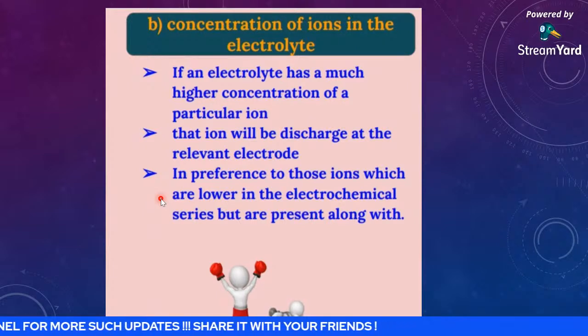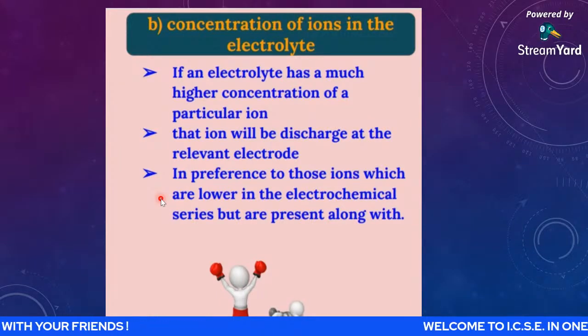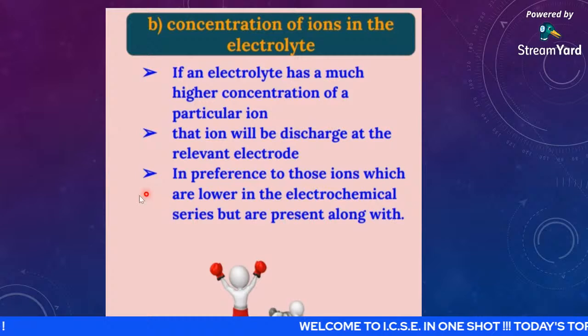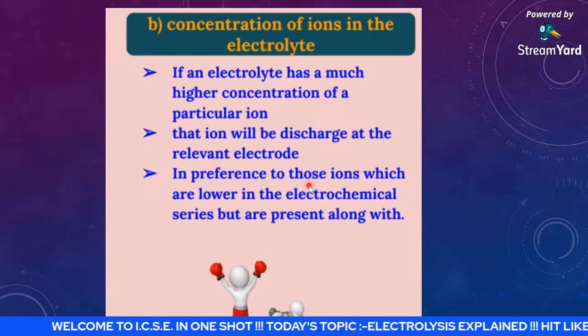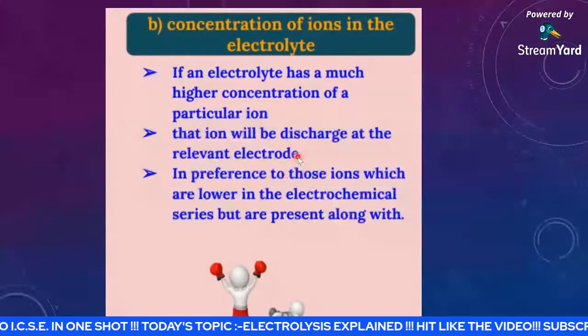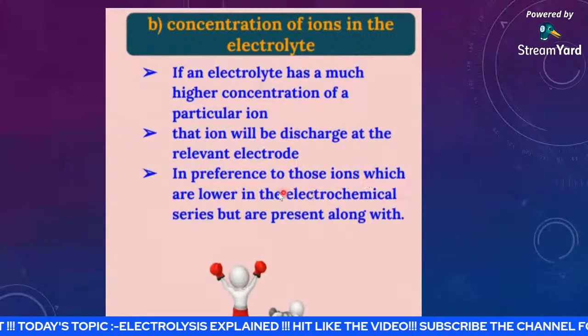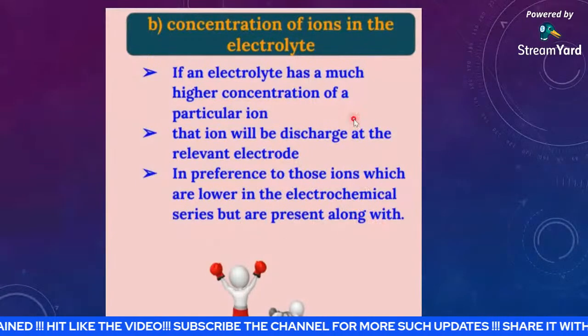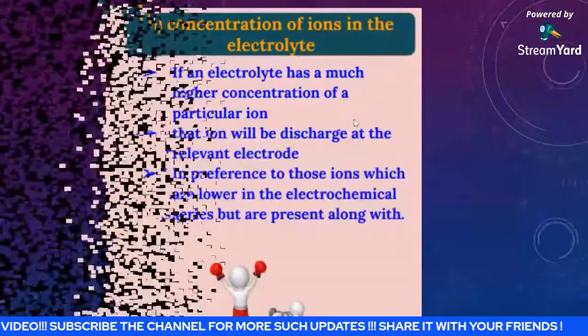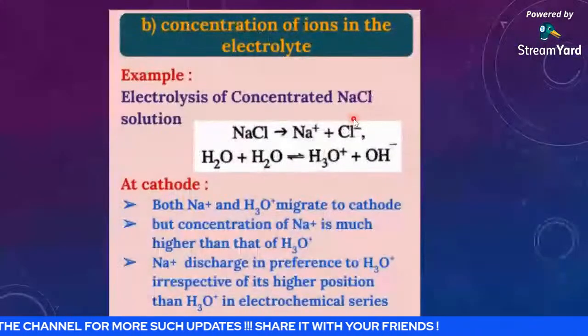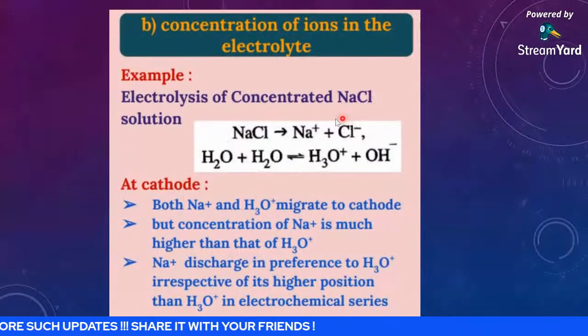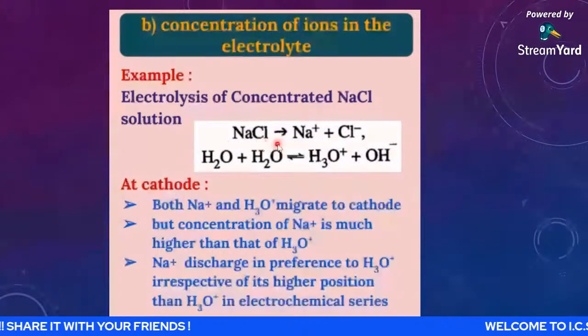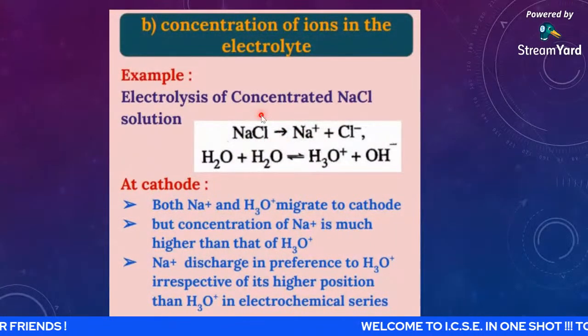Okay, now concentration of ions in the electrolyte. If an electrolyte has a much higher concentration of a particular ion, that ion will get discharged at the relevant electrode in preference to those ions which are lower in the electrochemical series but are present along with it. Now, see here, concentrated NaCl solution.